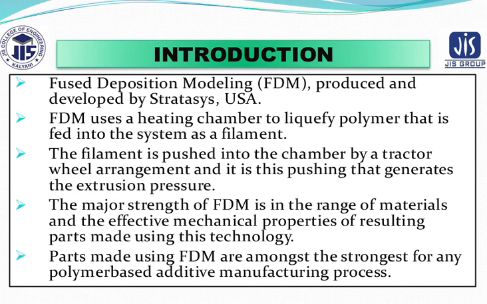The layer thickness of an FDM machine is basically determined by the extruder die diameter, and typically the die diameter varies from 0.50 millimeter to 0.25 millimeter, which in inches is 0.02 inch to 0.01 inch.